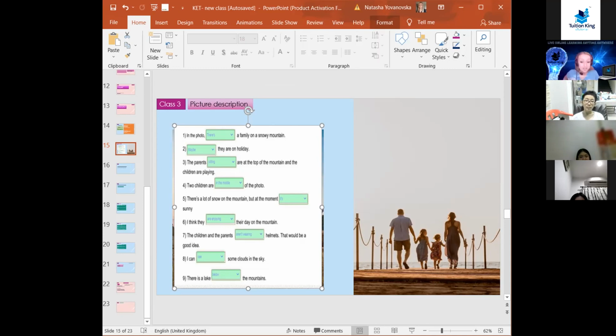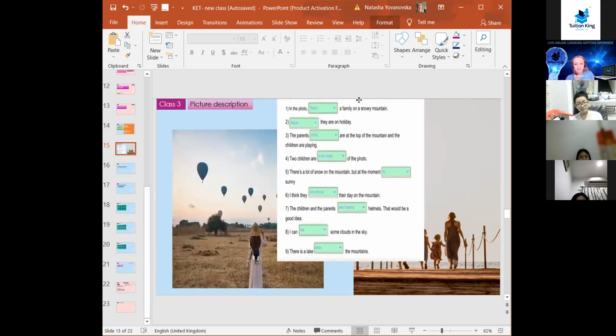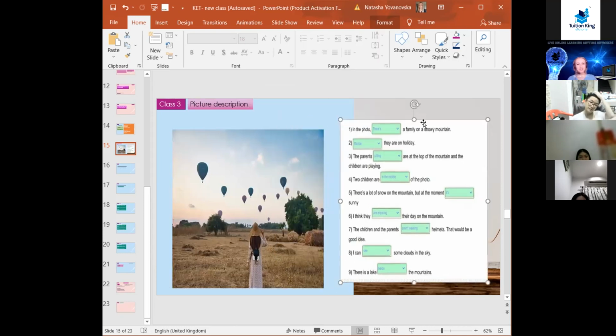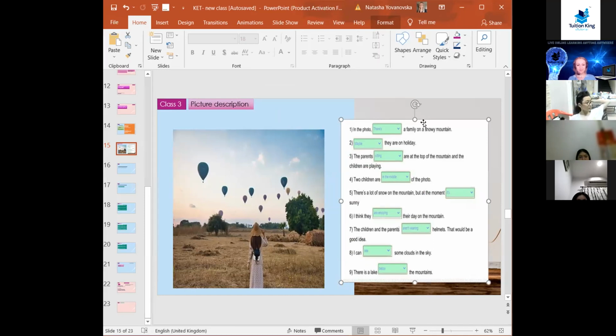Tia Roy, sweetie, which picture would you like to try? The first one or the second one? Picture one. All right. Tell us about picture one. In the photo, there's a woman. Maybe she's on holiday. The woman is in the middle of the picture. Very good.